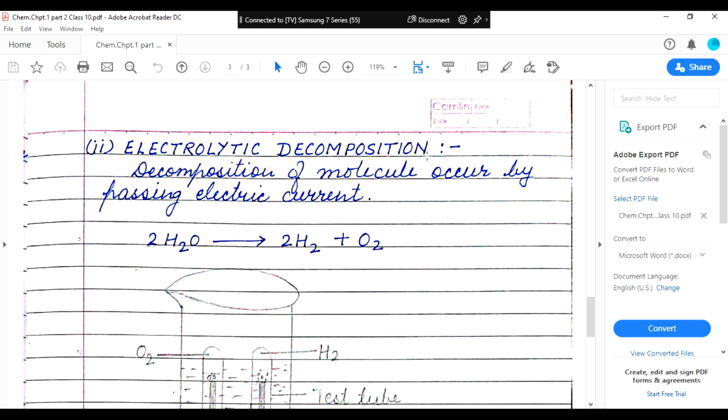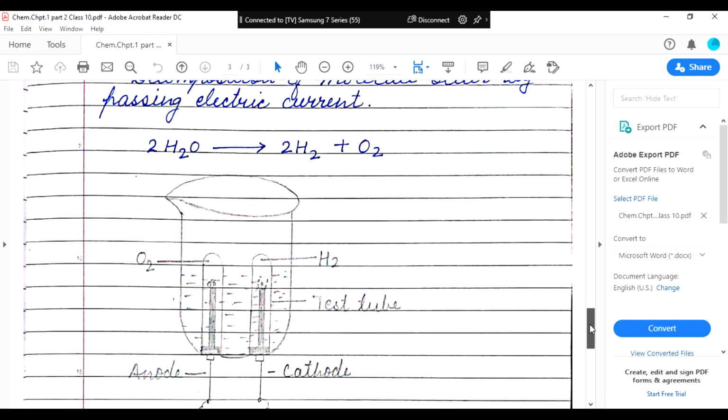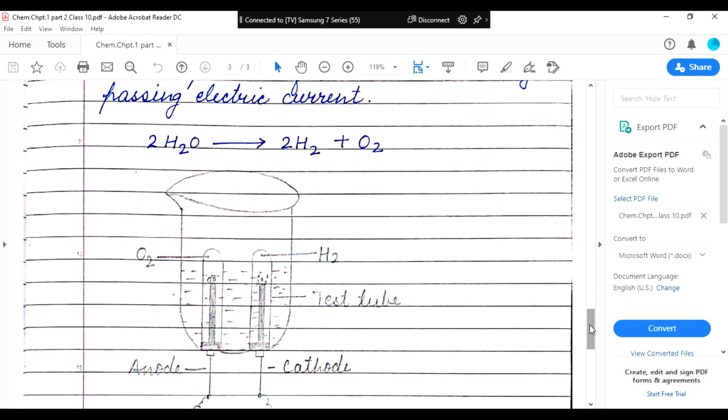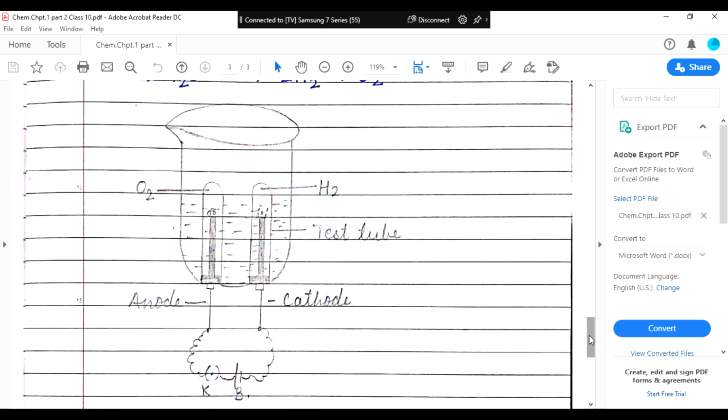To understand this, we'll study hydrolysis of water. Hydro means water, lysis means breaking. So breaking of water molecule. To study it, we have to arrange this set.